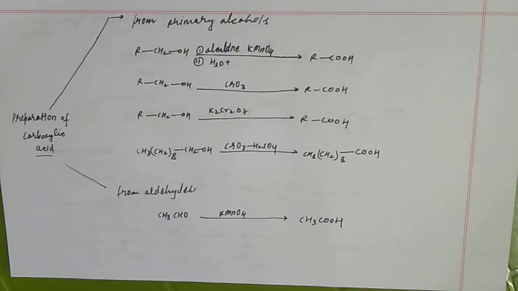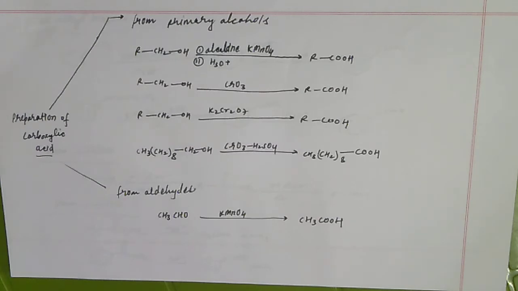Oxidizing with chromium oxide CrO3 also gives the carboxylic acid, and with potassium dichromate the alcohol is again converted into the carboxylic acid. For longer hydrocarbon alcohols, you take chromic oxide with a little amount of sulfuric acid.